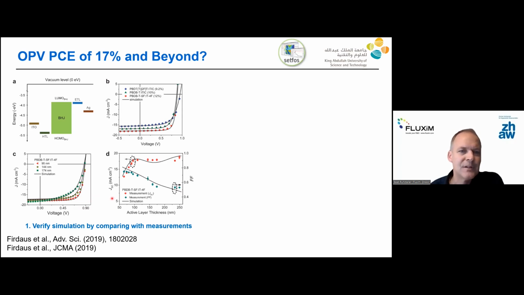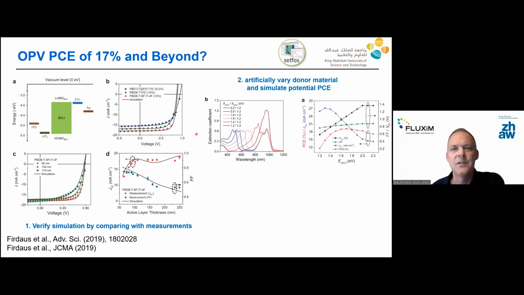And you see in a first step, you can reproduce the measured data, but then as an additional thing, you can also artificially vary the material property, in this case, the donor band gap, as shown here with the extinction spectrum, which was artificially shifted in order to see whether we get a higher power conversion efficiency. And indeed, you see that there's a local maximum somewhere here.